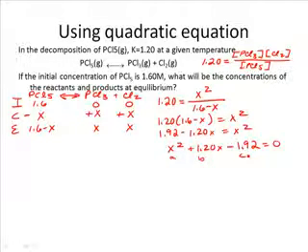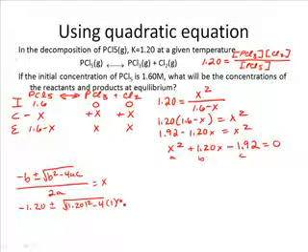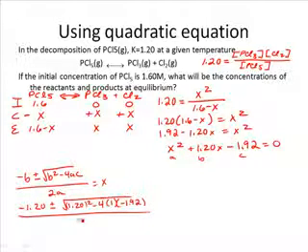Okay, so the quadratic formula: negative b plus or minus the square root of b squared minus 4ac, all over 2a, equals x. So if we plug that in, we get negative 1.20 plus or minus the square root of 1.20 squared minus 4 times 1 times negative 1.92, divided by 2 times 1.